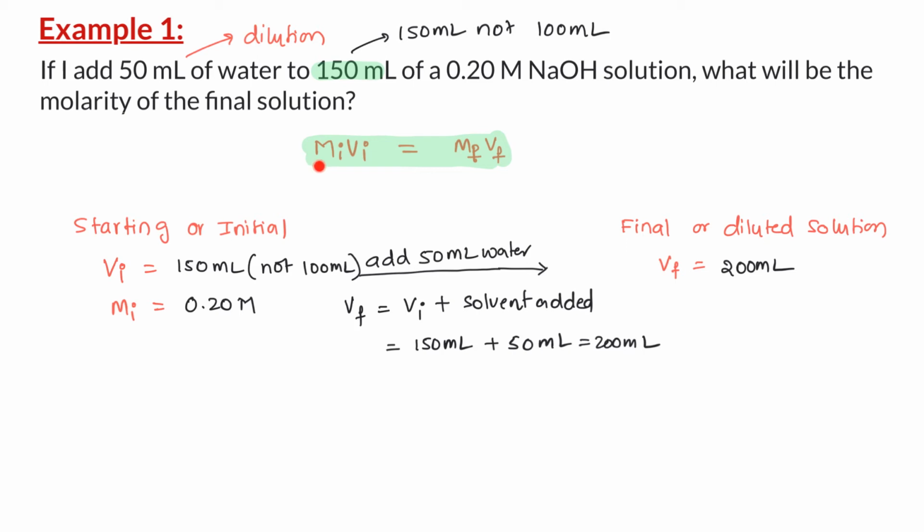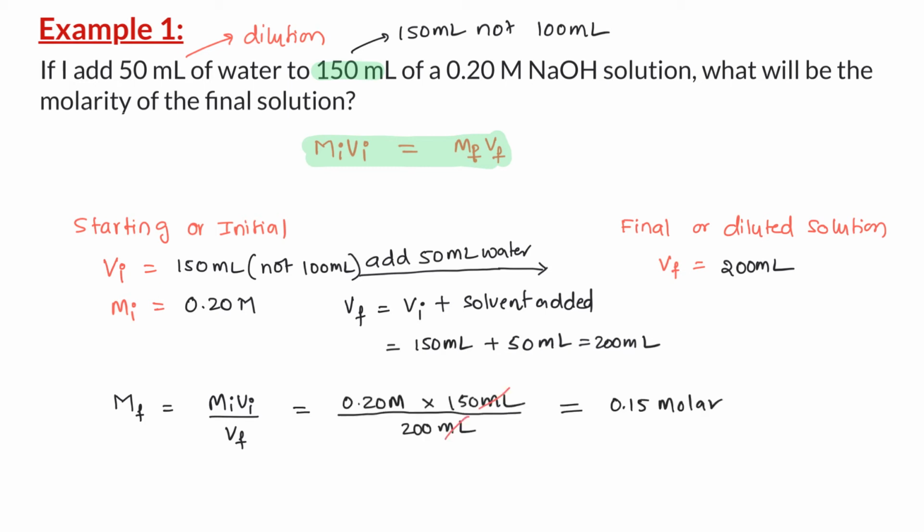We now have M initial, V initial and V final. We need to calculate M final, that is the molarity of the final solution. If we rearrange the formula, we get M final is equal to M initial times V initial divided by V final. Plugging in the values and solving for it, we get molarity of the final solution is equal to 0.15 molar.